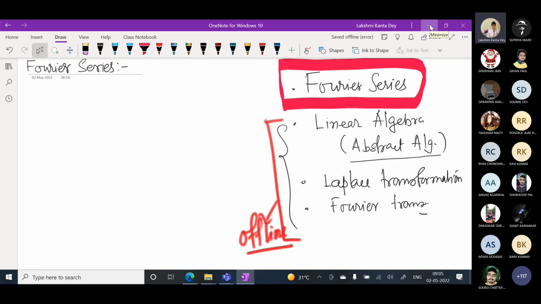Many phenomena in the applications of natural and engineering sciences are periodic in nature. That all of us already know.